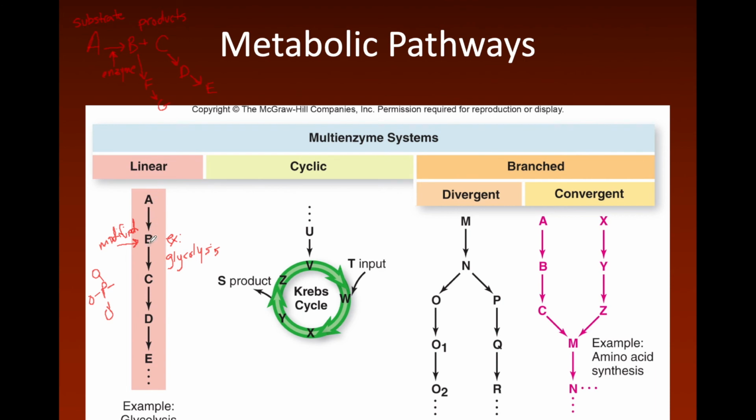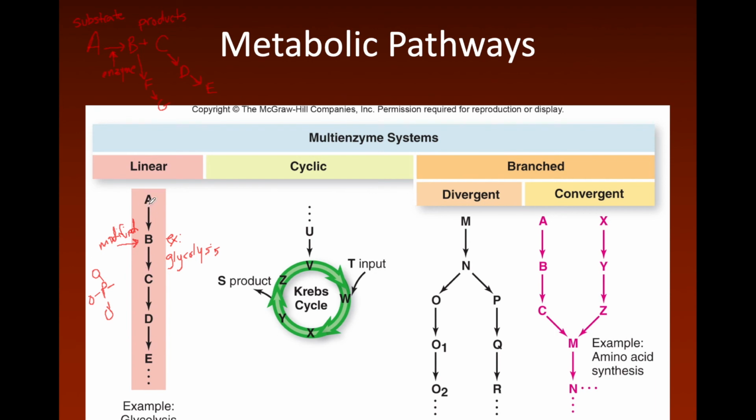So this would be an example of how A might be modified in this reaction, right? Or carboxylation. There are different types of chemical groups that can be added or removed from molecules in each of these steps in these linear pathways. But when you see linear, you just think modification.